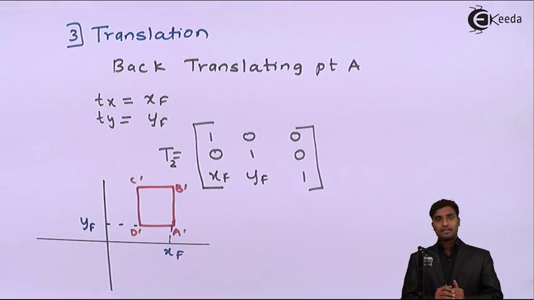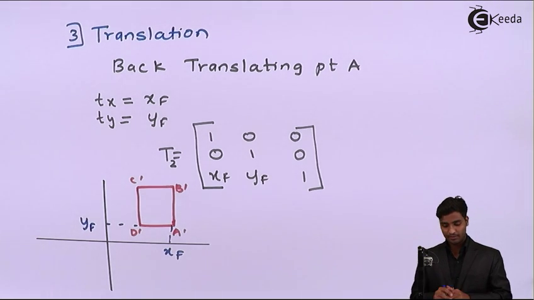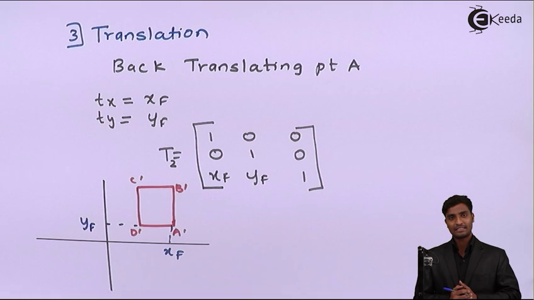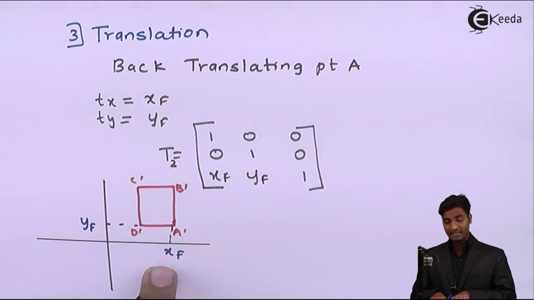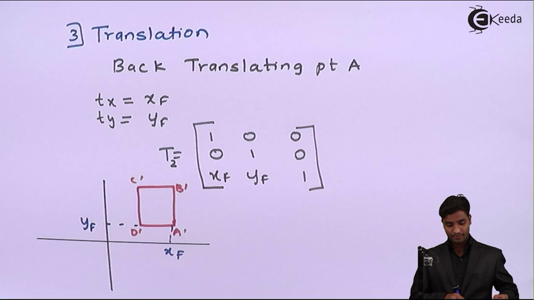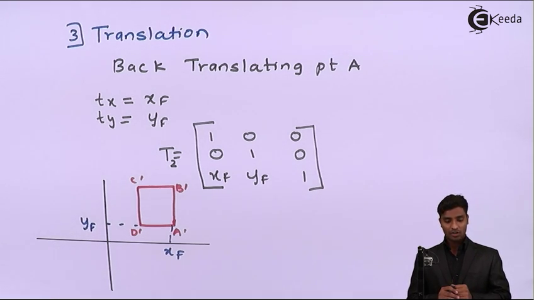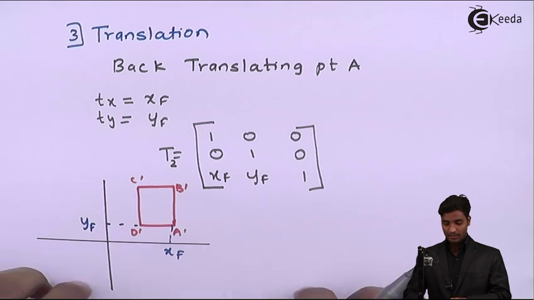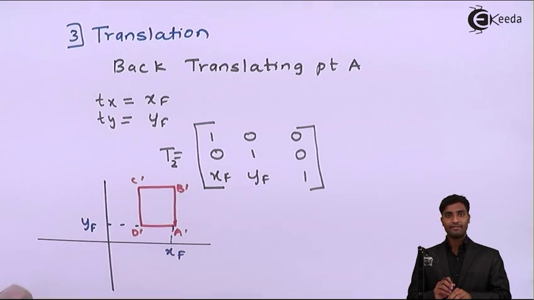We have placed the figure back to its original position. After doing back translation, the figure has appeared in the way we required in this problem. So the thing which we required we have achieved.